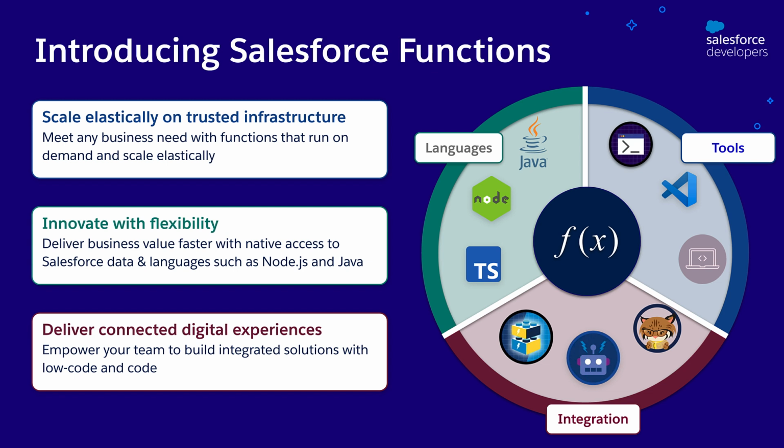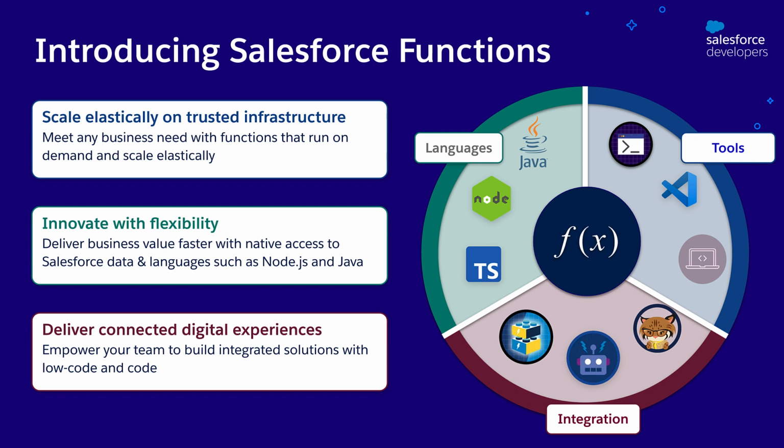This means that it is running within the Salesforce trusted boundary. So we don't need to set up any authentication or authorization resources to be able to access Salesforce data from a function. It can let you innovate with flexibility, pretty much delivering business value faster with native access to Salesforce data and languages such as Node.js and Java.